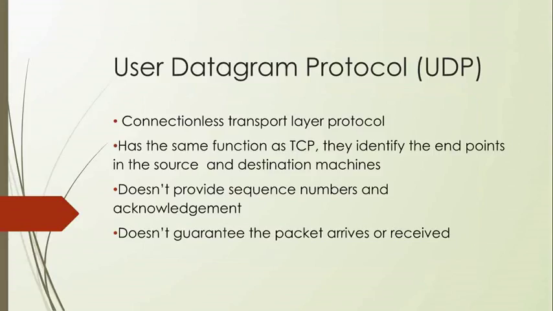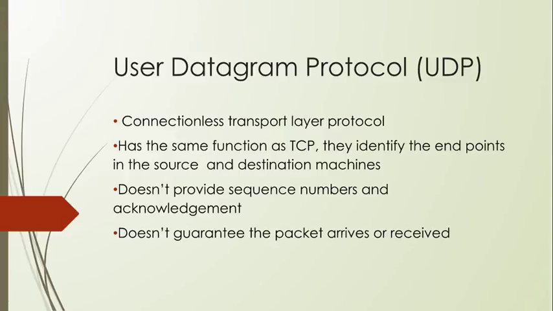So now let's go to User Datagram Protocol, or UDP. UDP is a connectionless transport layer protocol. So what does connectionless mean? Connectionless means that the data is being broadcasted to the network where it doesn't guarantee that the data arrives at the destination.